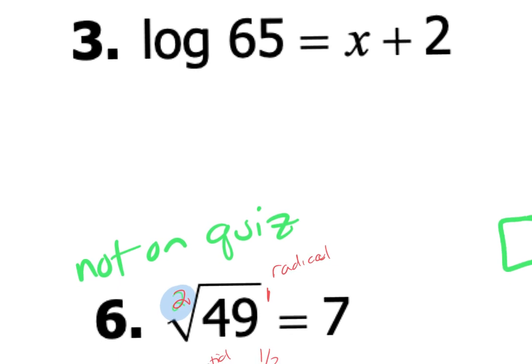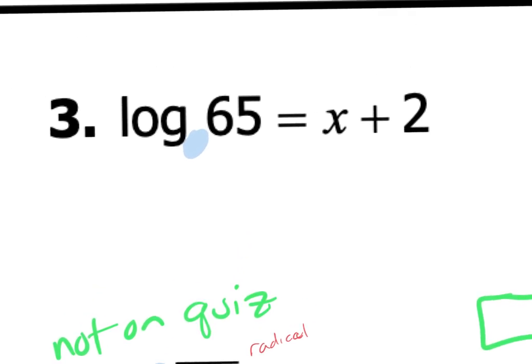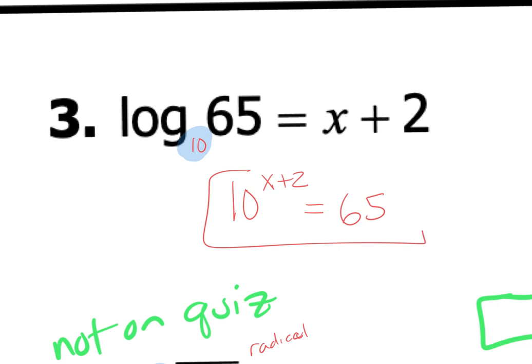No base, so what is the base? Like right down here? Because it's just log of 65. We kind of need to know what number would be hanging out down there. 10. That's that common base. So your base is 10. Your exponent is x plus 2. That equals 65. Okay? So remember, if there is no base, it's really a 10. How many of you guys got that one?